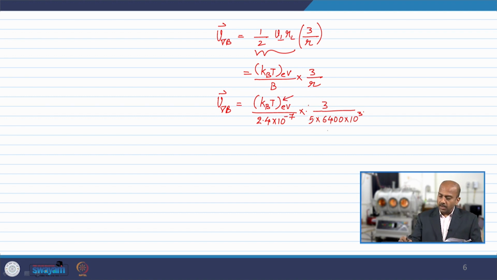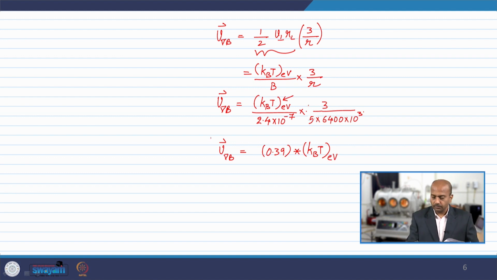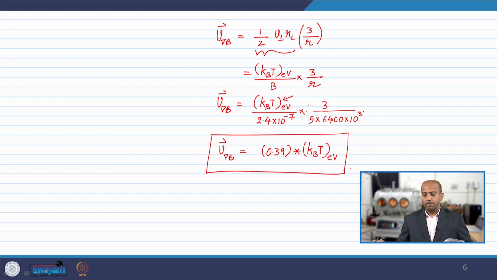So, the remaining factors can be simplified as v del B equal to 0.39 times kBT in electron volts. So, this is the reduced form of the gradient drift velocity formula. It is the same.